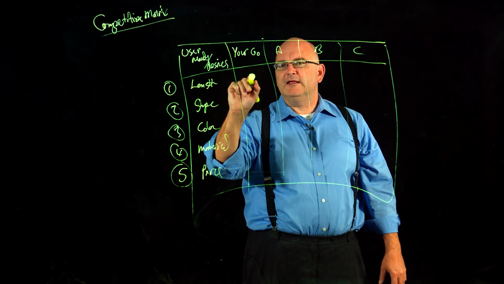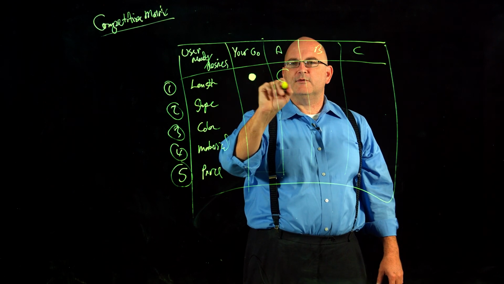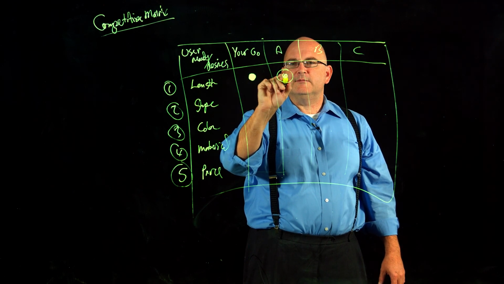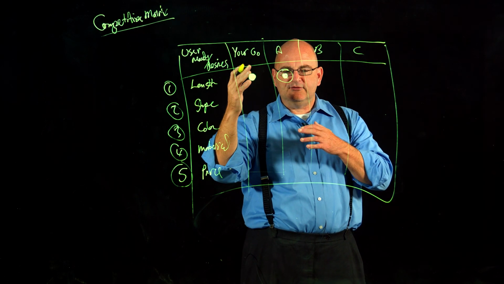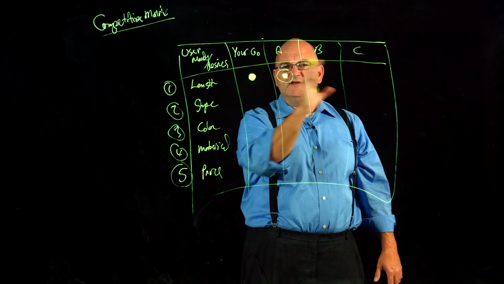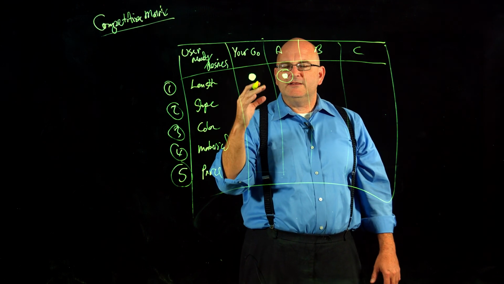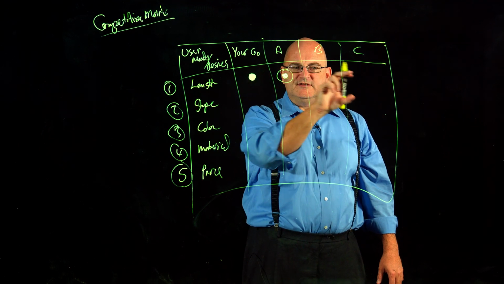So this might be, customers rate them among the top 10%, and this one could be customers rate them in the top 50%. So oftentimes people might use a symbol to delineate how they are ranked vis-a-vis their competitors. What I usually like to try to do is talk about specifics in each of these boxes.